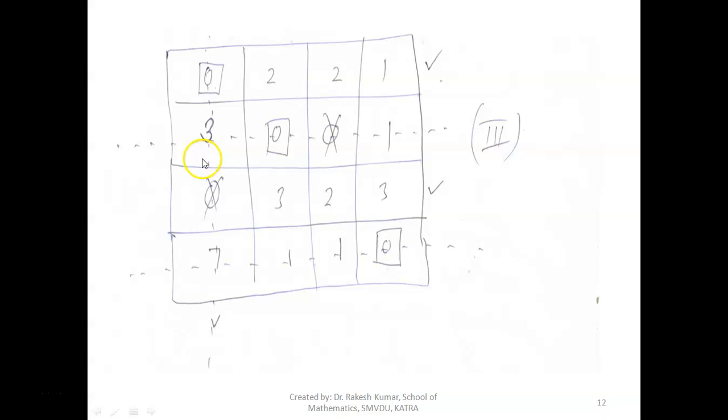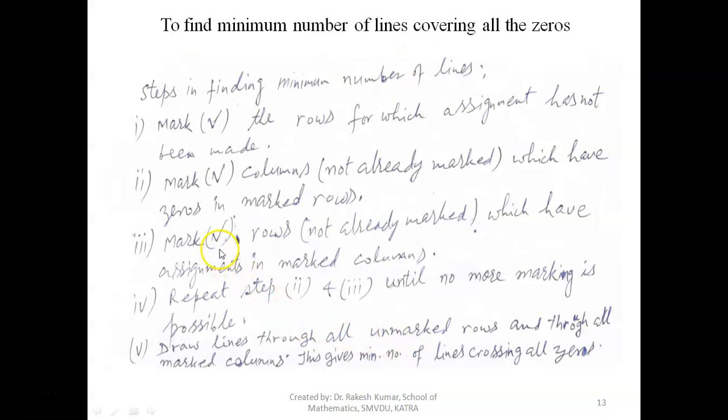So now mark this column which corresponds to this. I marked it like this. Okay, again, the next step is to mark rows not already marked which have assignment in the marked column.